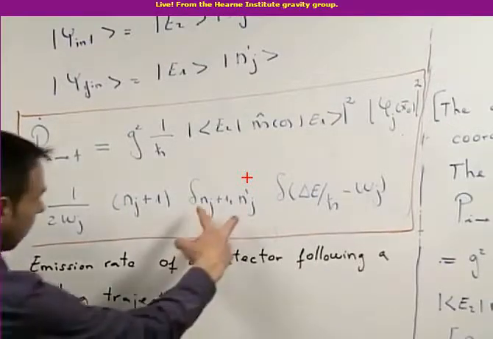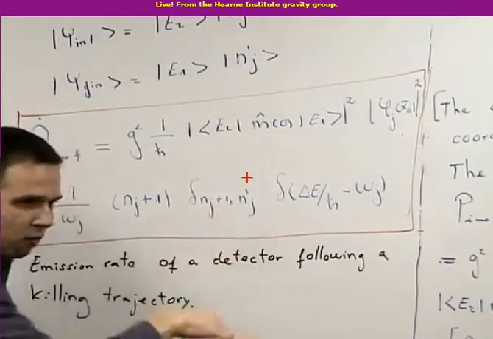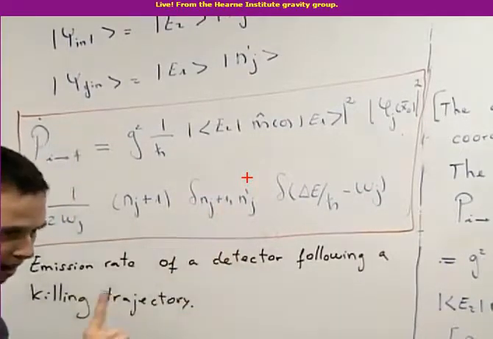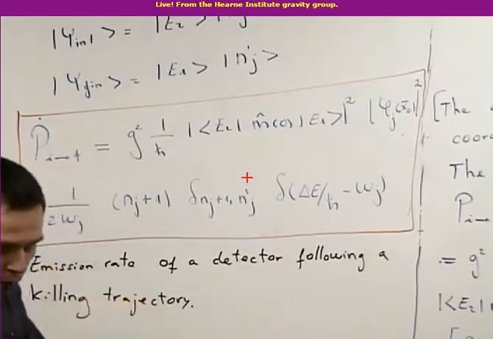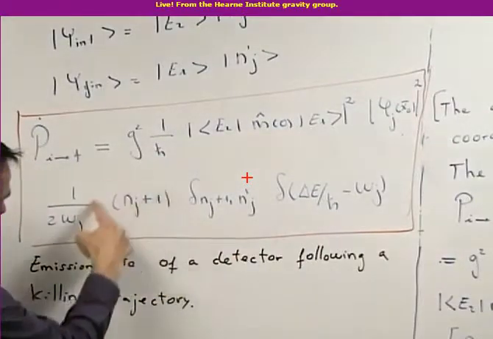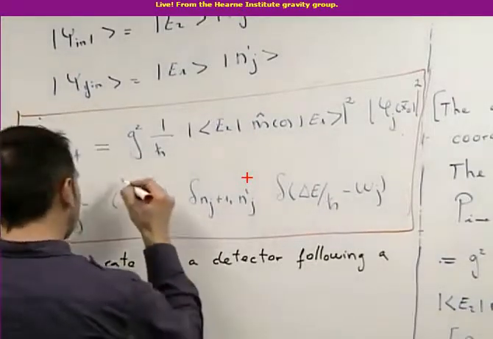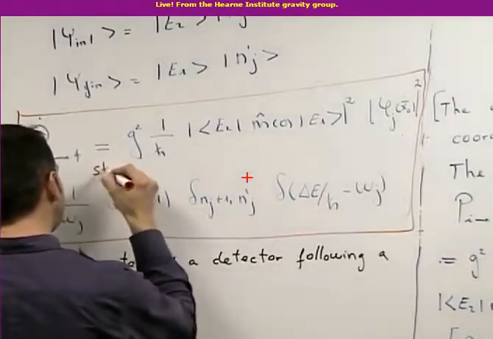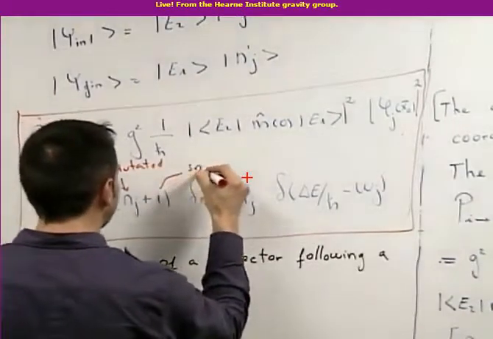This delta function tells you that the final number of quanta in the field is going to be 1 more than before. So the detector gets excited and emits 1 quanta with the energy that we want. But what about the numerical factor multiplying? This is spontaneous plus stimulated. Exactly. So this is stimulated emission, and this is spontaneous.